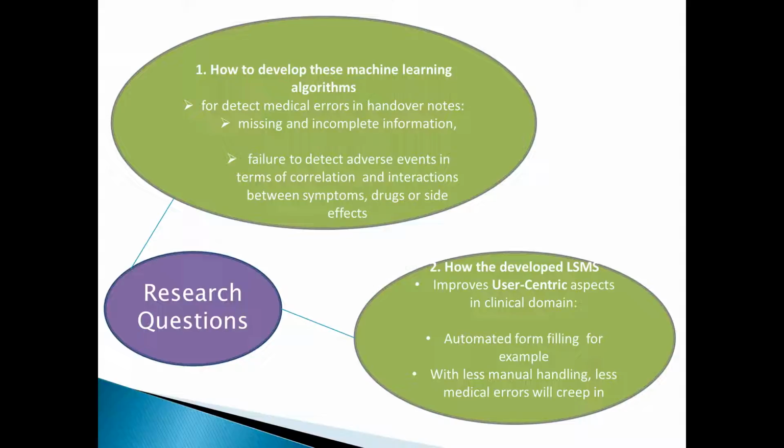But this kind of system can improve the user-centric aspects in terms of automatically filling the different forms which are needed for every shift. When there is no human in the loop, there is less manual handling, and then fewer medical errors will creep in.